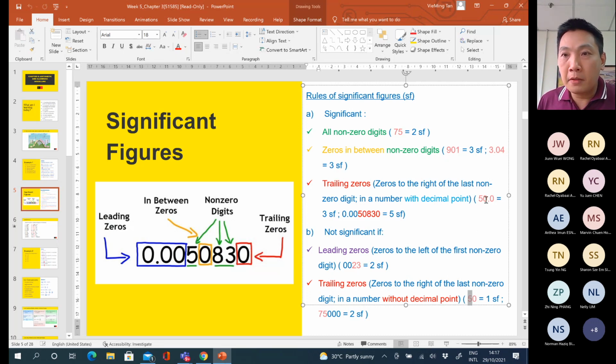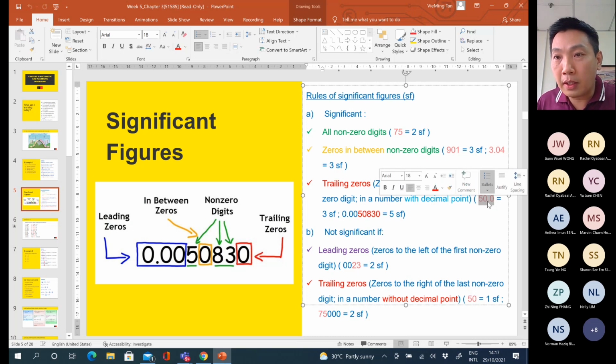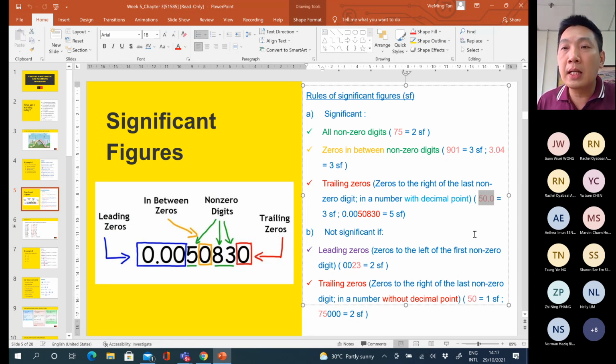Compare this to 50.0 from just now. The difference is that this figure has a decimal point and then a 0. Because of this decimal point, we should include all of these as significant figures.